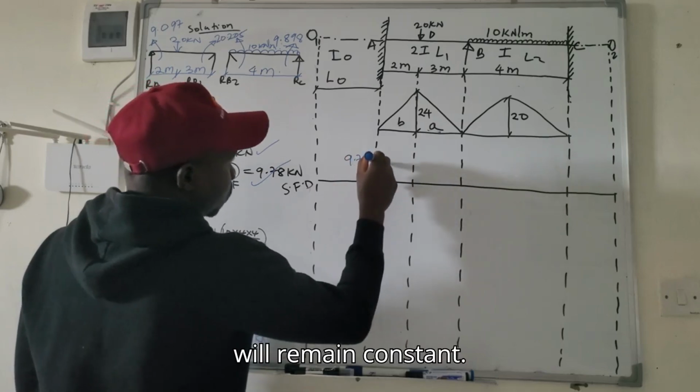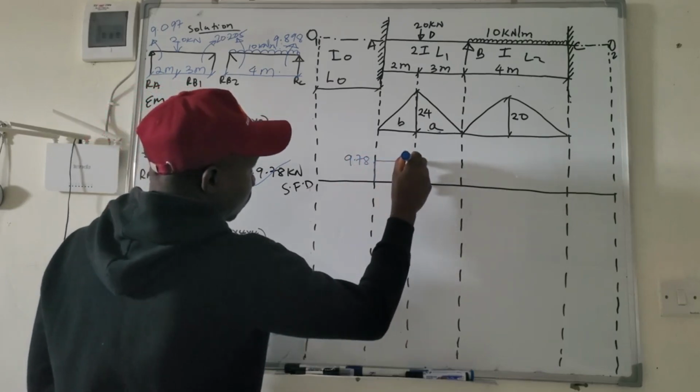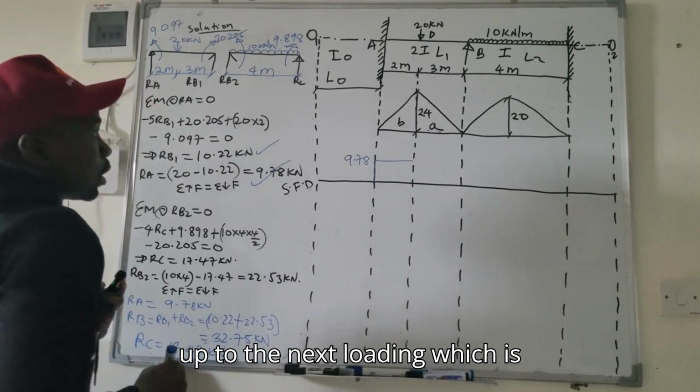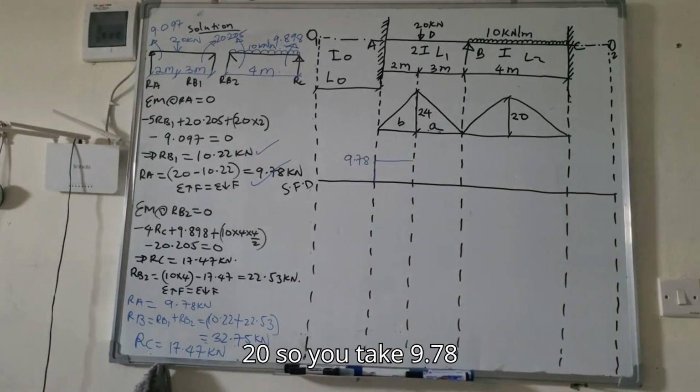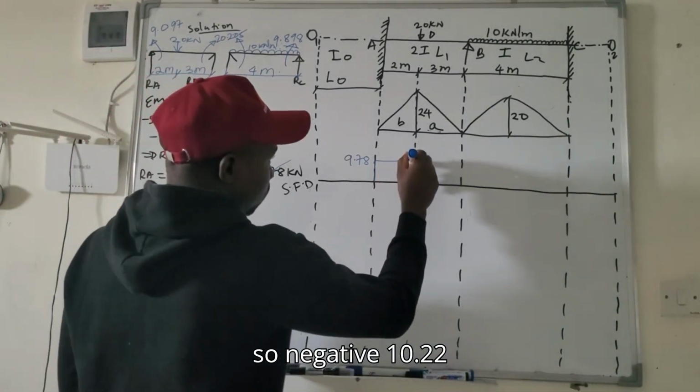It will remain constant up to the next loading, which is 20. So you take 9.78 minus 20, and that will give you negative 10.22.